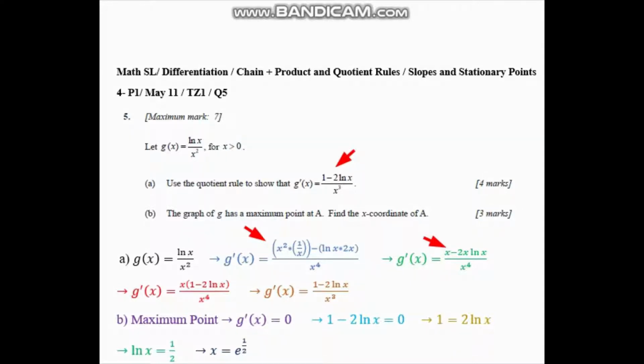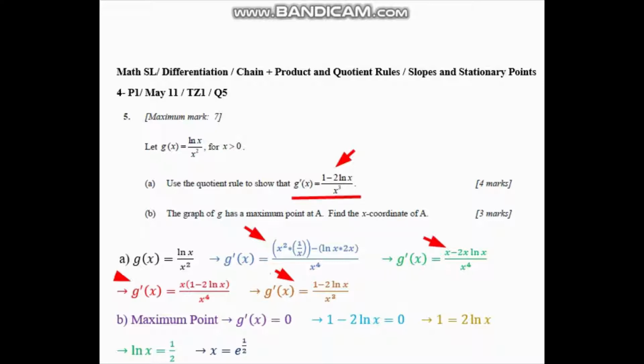The third step is to factorize: I took out an x as a common factor, and what remained was 1 minus 2 ln x. In the fourth and final expression, I cancelled an x in the numerator with one of the x's from the denominator, thus reaching the required final expression for g'. My expression is exactly the same as the one found in the question above.